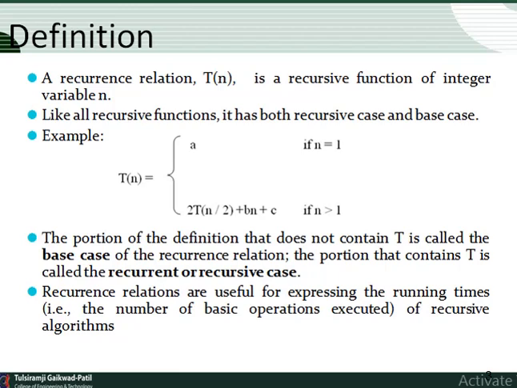That's why it is called the recurrent or recursive case. Recurrence relations are useful for expressing the running times, that is the number of basic operations executed, of recursive algorithms.